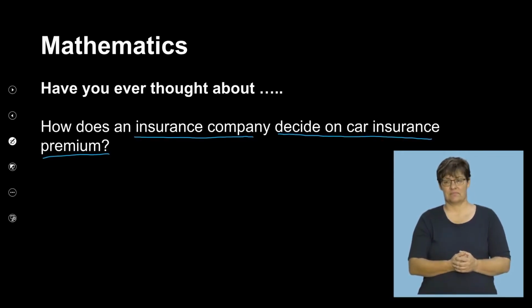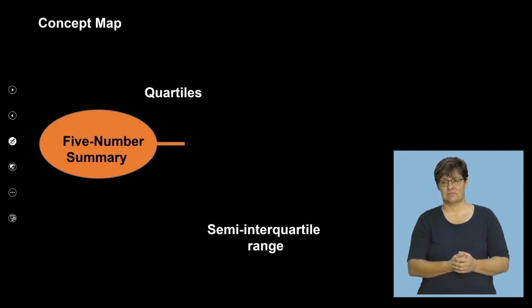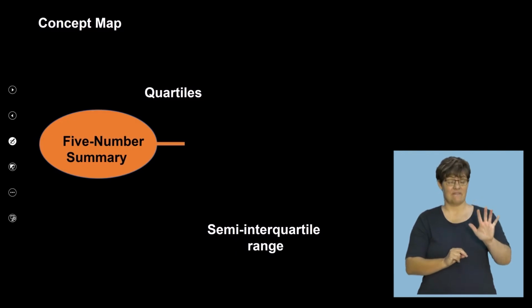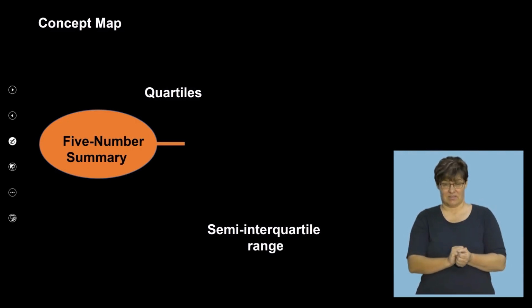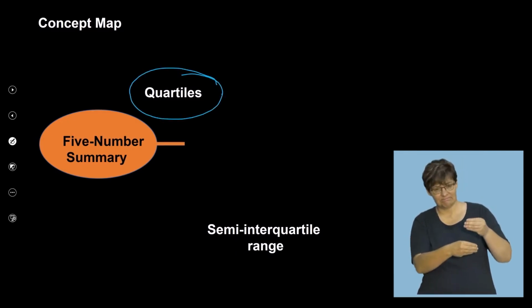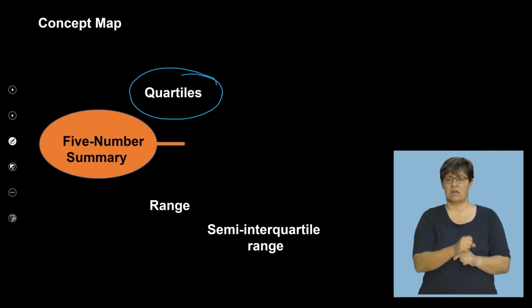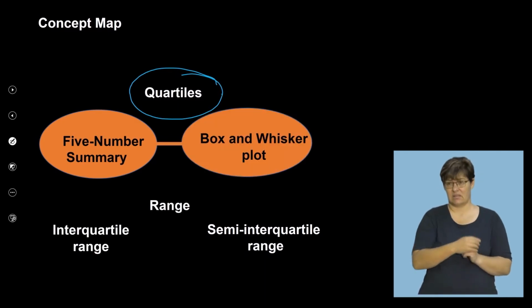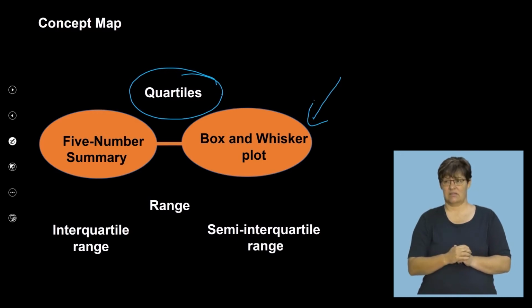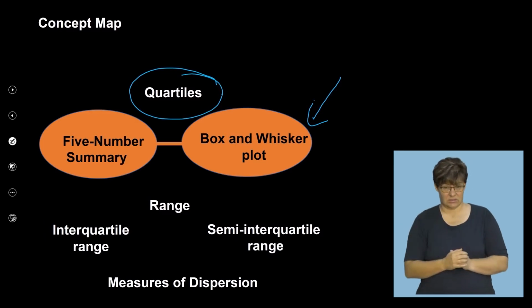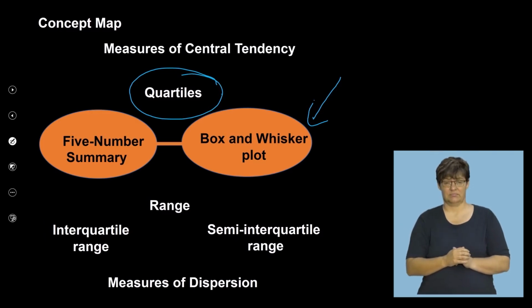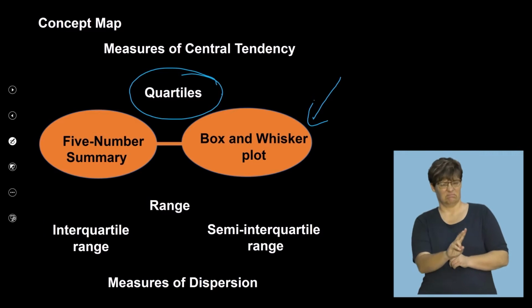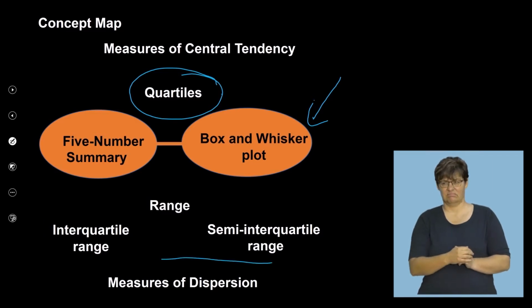So what we're going to look at now is the 5-number summary. Under the 5-number summary, we'll focus on quartiles. Then we'll look at the box and whisker plot. We have measures of dispersion.